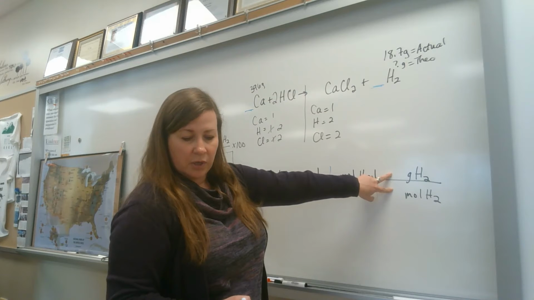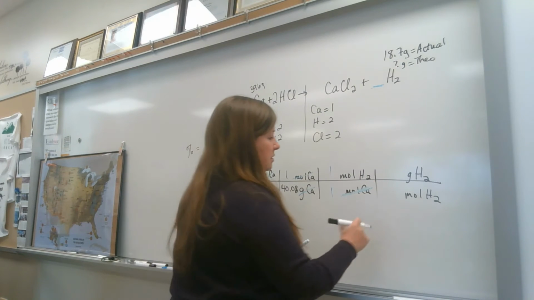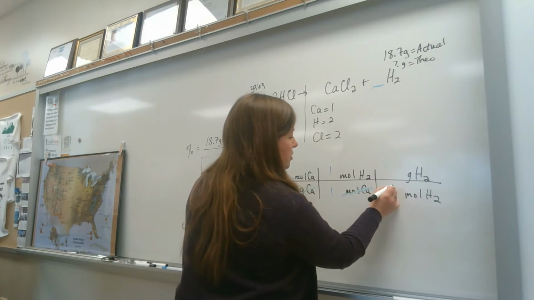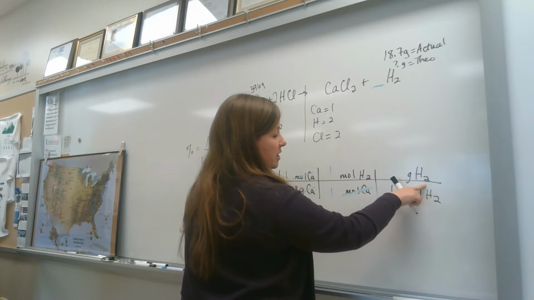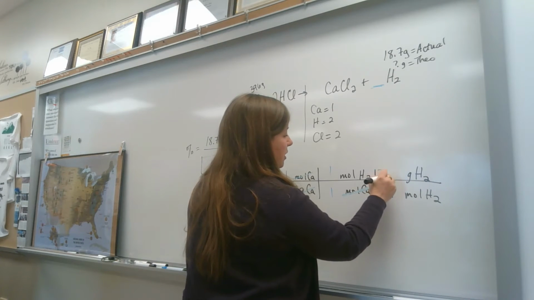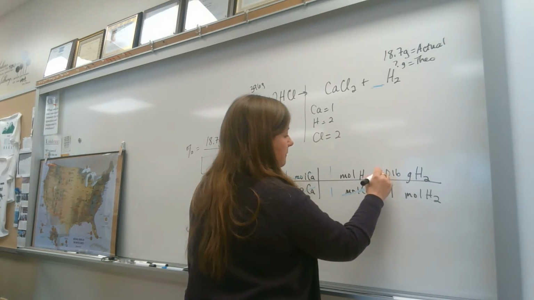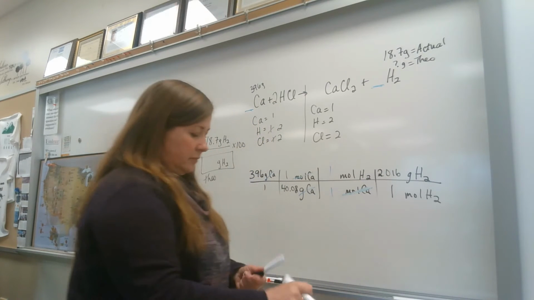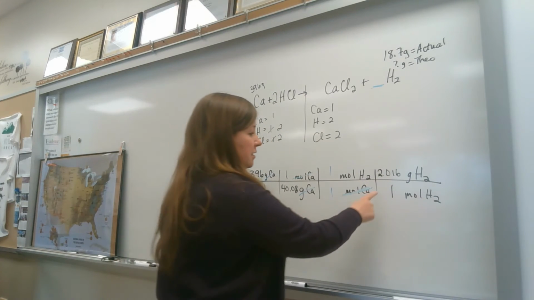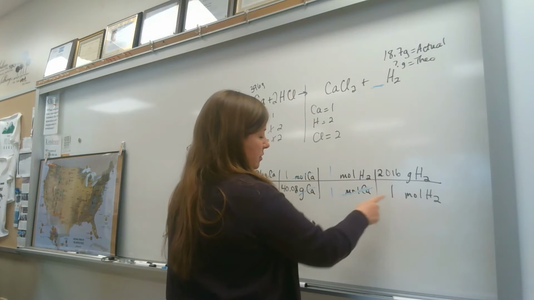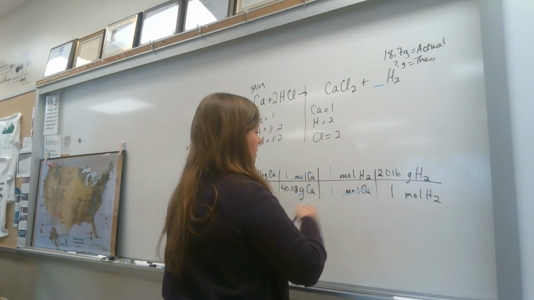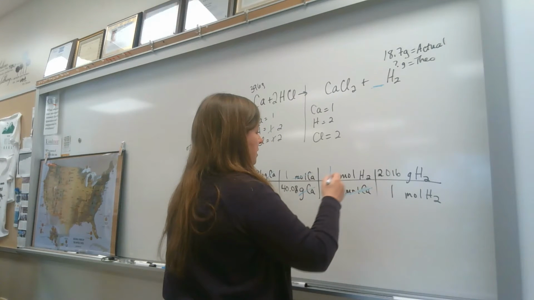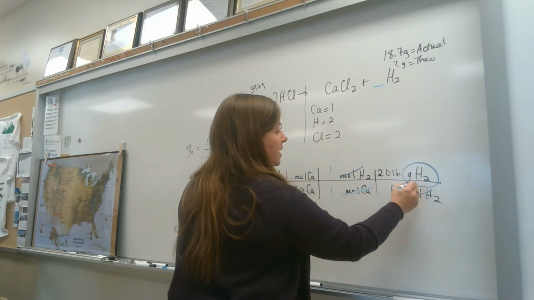So we're going to be doing 1.008 for hydrogen, but we multiply it by 2 because it's H2. So this will be 2.016. So again, the grams comes from the periodic table, the moles is going to be 1. And now we have a unit, grams of hydrogen. And remember we said this theoretical yield needs to be grams of hydrogen. So we should be good here.